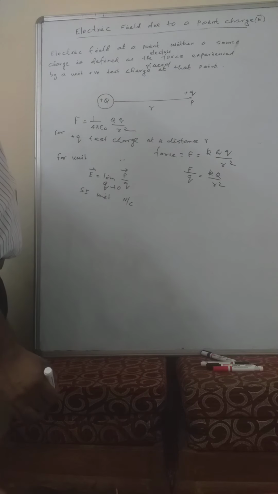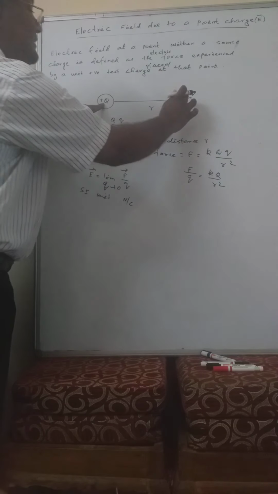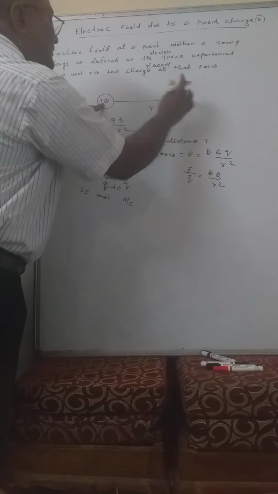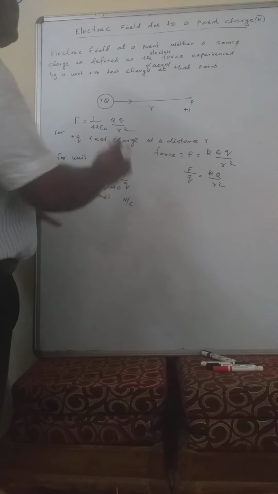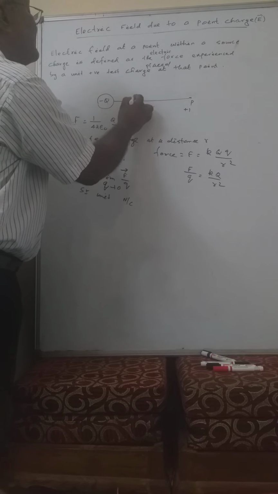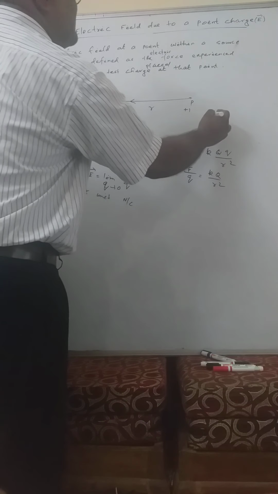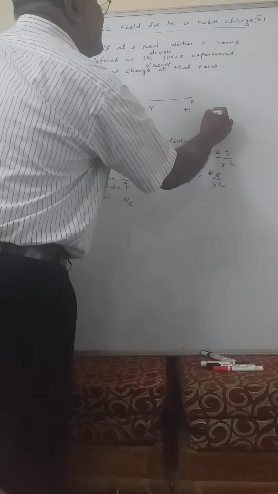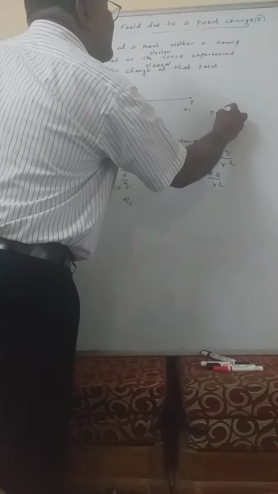Its direction is, if the source charge is positive, then the direction of electric field will be away. If source charge is negative, then the direction of electric field will be towards. For easy remembering, we follow a rule called PANT.